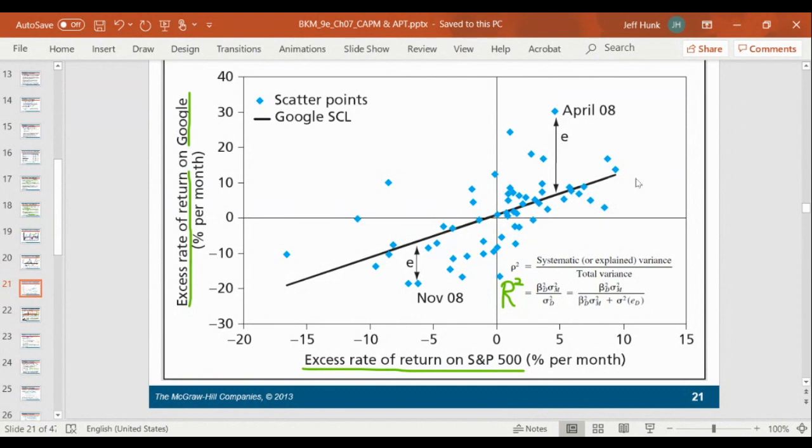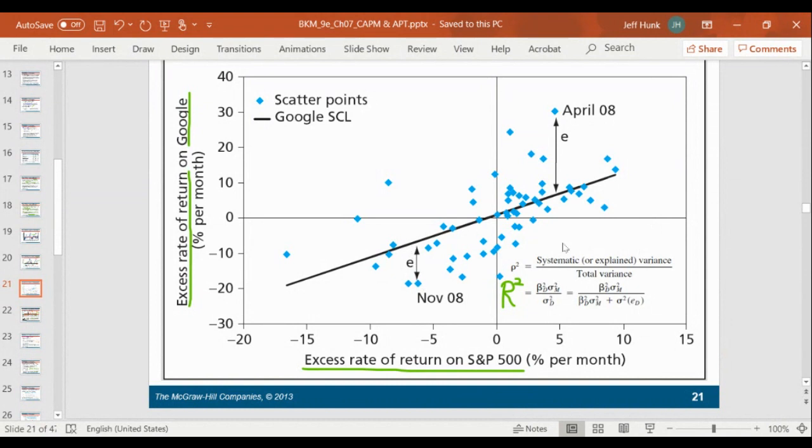In other words, there will be no forecast error. Everything is forecasted exactly by beta times market excess return, the market risk premium, and it will fall neatly on the regression line. But that's obviously not the reality.